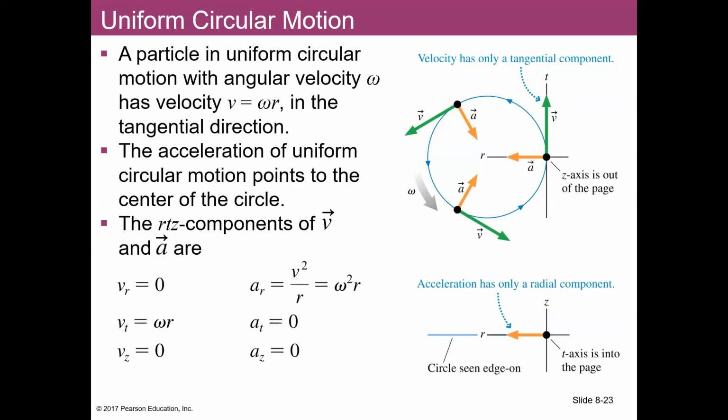So in looking at this coordinate system, we can reframe our important kinematic variables in terms of their components. For instance, moving in a circle, you're not moving towards or away from the r axis. And so v sub r is 0, v sub z is also 0. So all of the velocity is along this t axis.